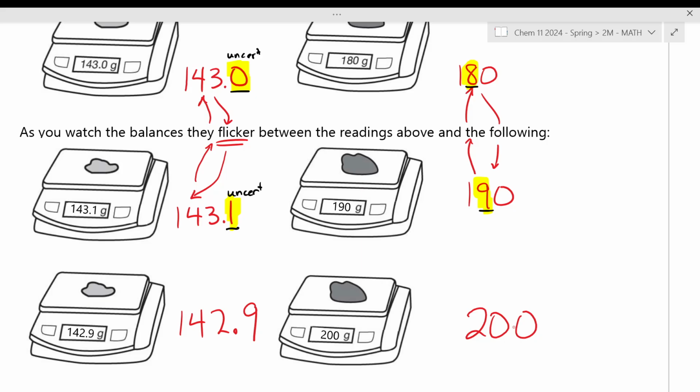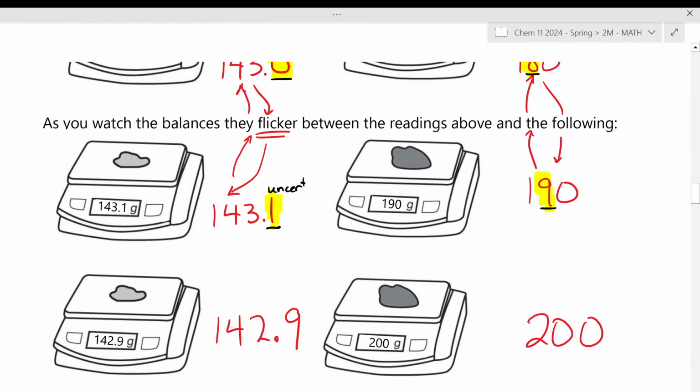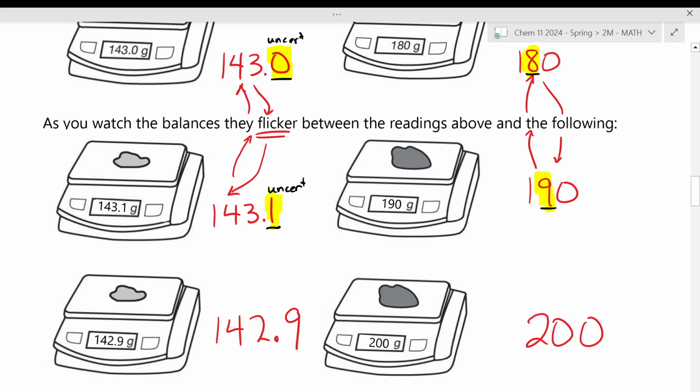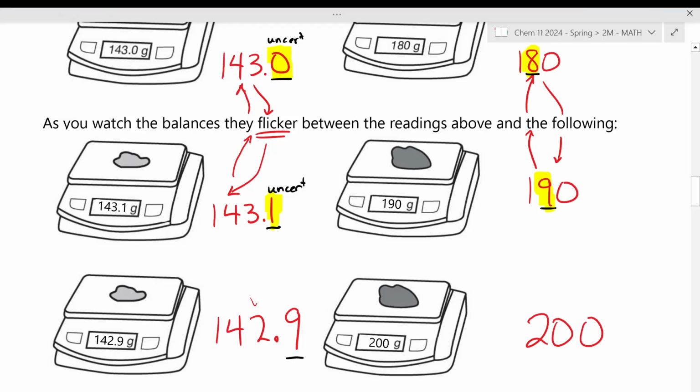The reason I wanted to include this 142.9 is that it looks as though we have changed from a 3 to a 2, but have we really changed the 1's position? No, because we've gone from 143 to 142.9. We've really only changed the 0.1 position. So the uncertain digit is still just the 0.1 position.